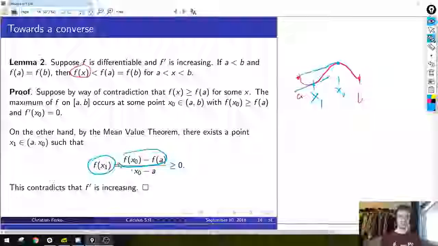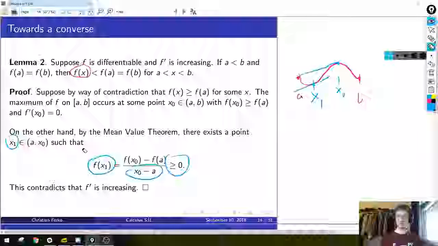Because the numerator is non-negative, because we assumed f of x0 is greater than f of a. The denominator is certainly non-negative, because x0 is greater than a. So this secant line slope is a ratio of non-negative quantities, and is thus also non-negative. So we have found a point x1 where there's a non-negative tangent line slope.